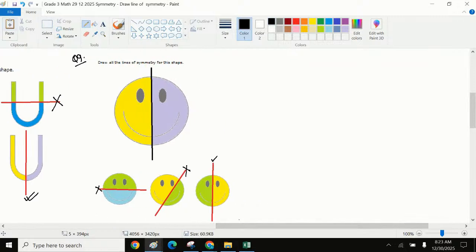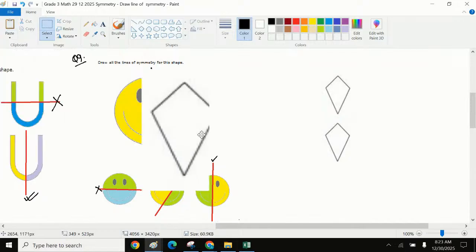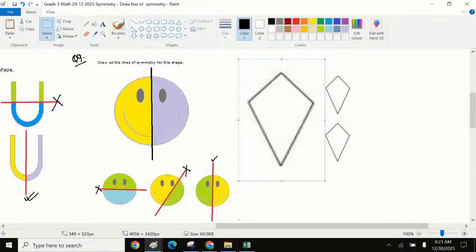Question number 10 says, if this was the kite we had, and this the larger version of the kite, draw all the lines of symmetry for the shape. If we need to draw all the lines of symmetry for this particular kite, let's see what the possibilities are.